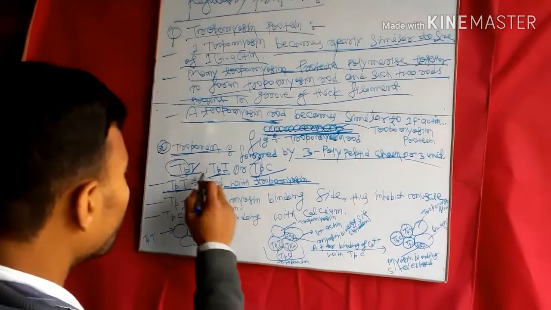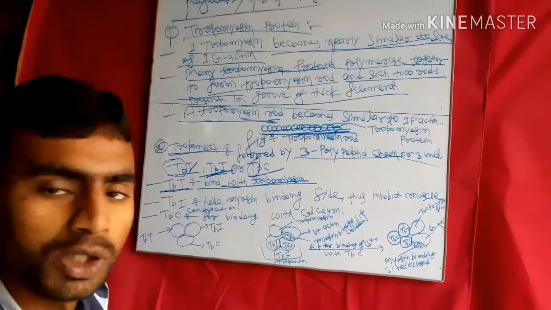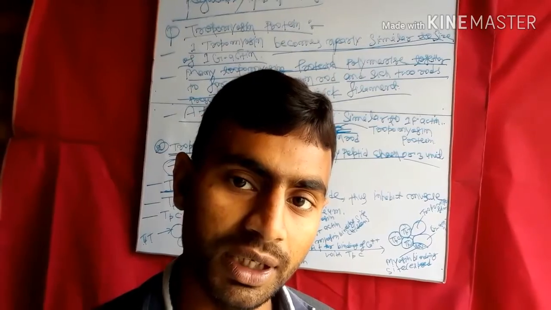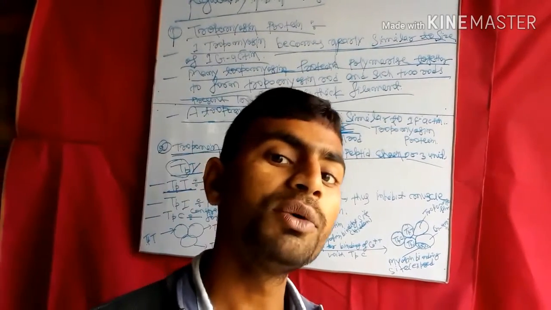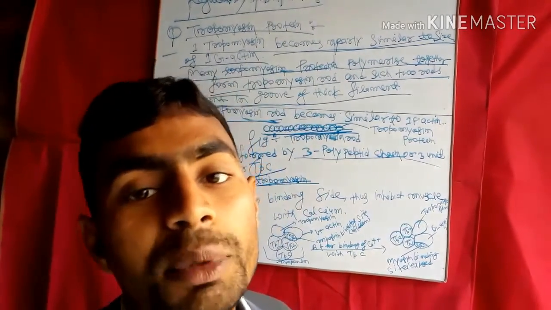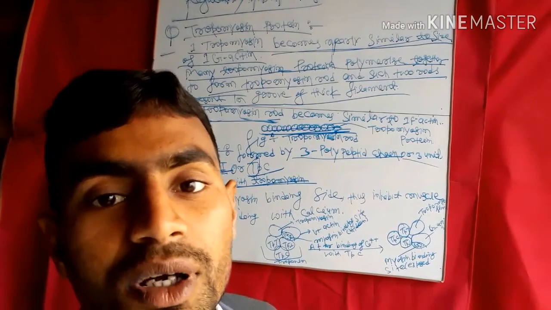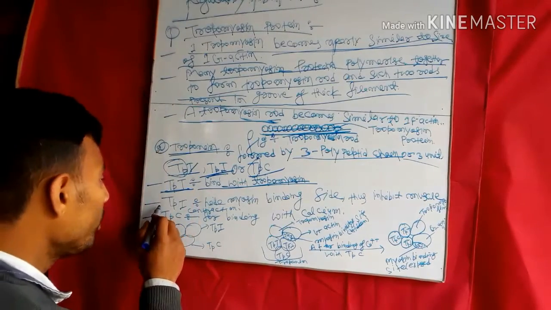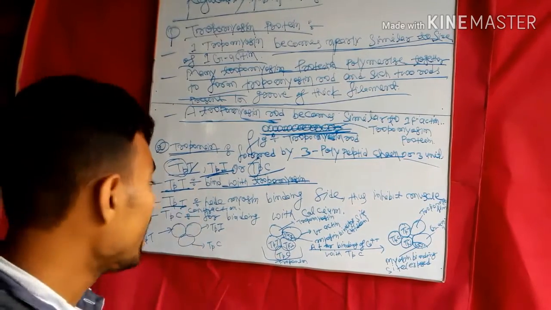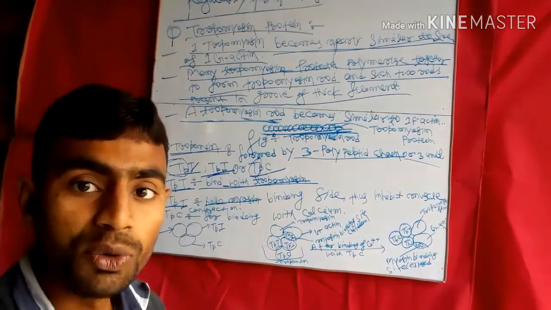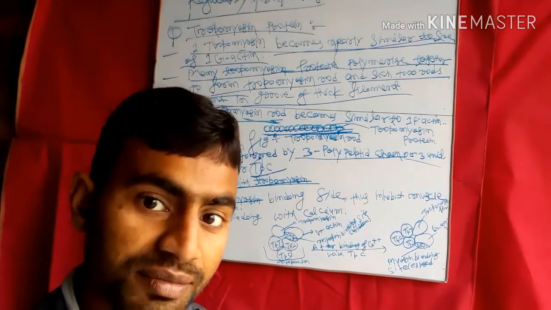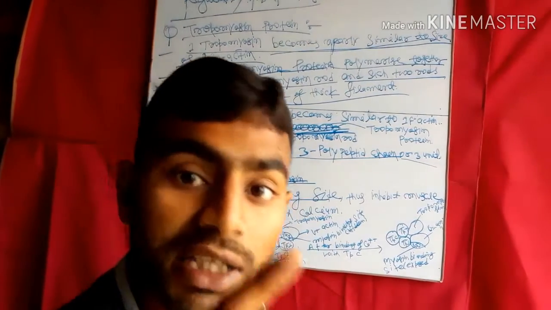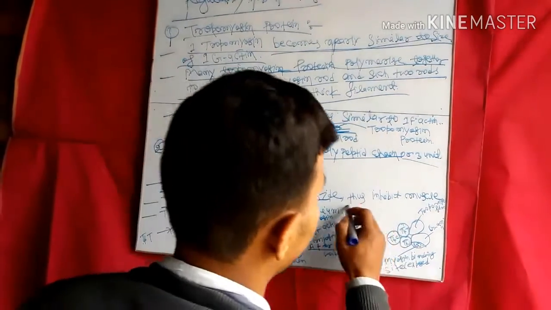What is the role of troponin inhibitor? From the word inhibit, you can understand its role. Troponin inhibitor hides the myosin binding site, thus inhibiting muscle contraction.